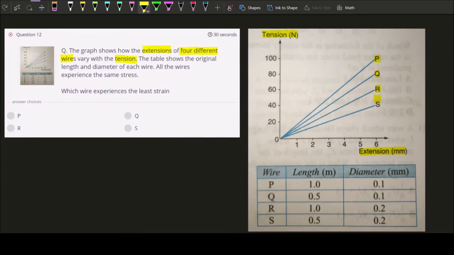The table also shows the original length and the diameter of the wires P, Q, R, S. All the wires experience the same stress. Which wire experiences the least strain? They ask which wire has the least elongation per unit original length.